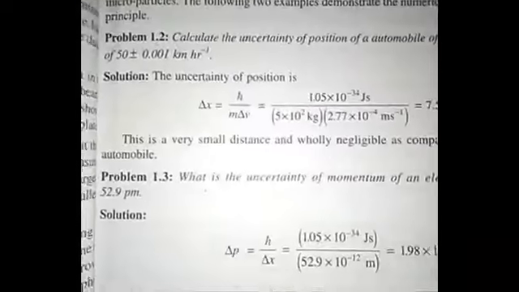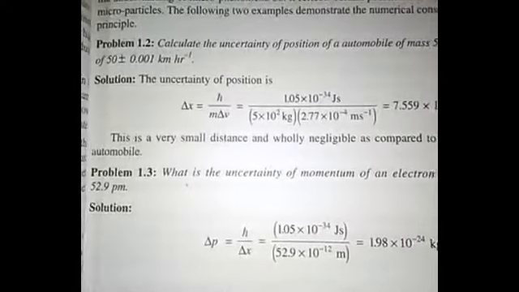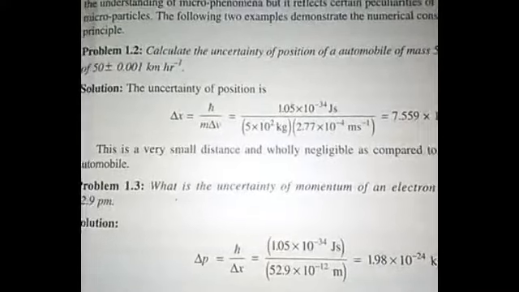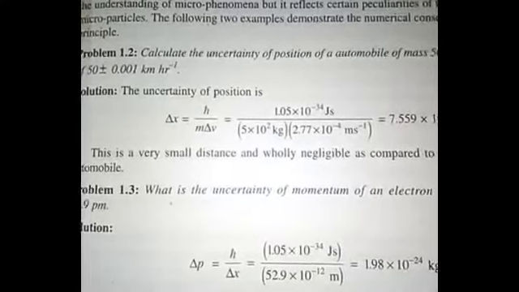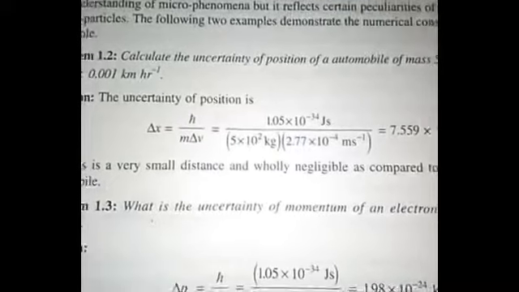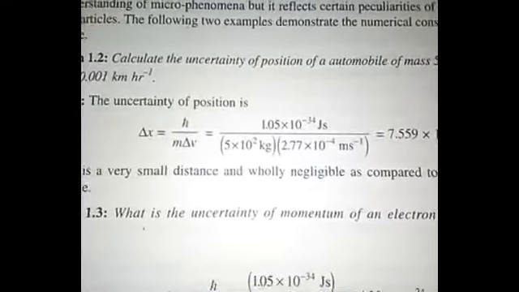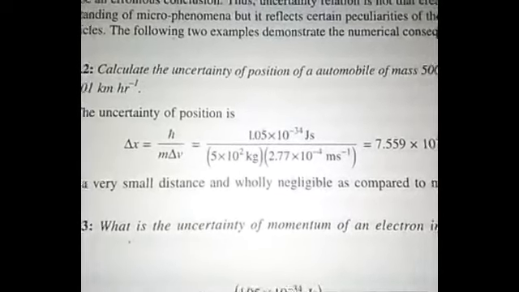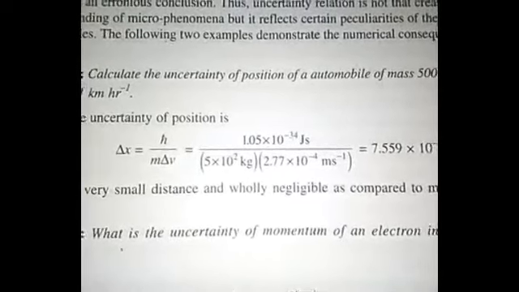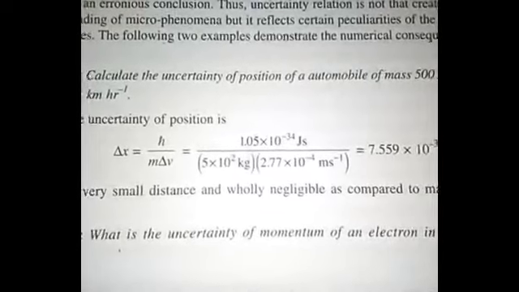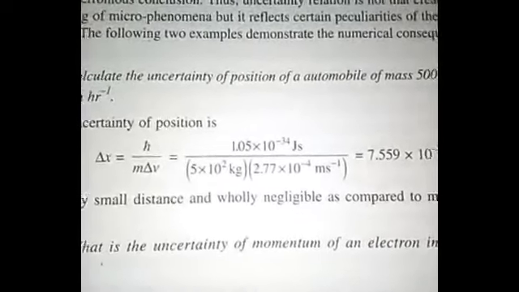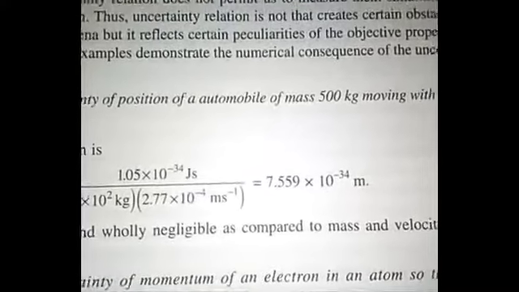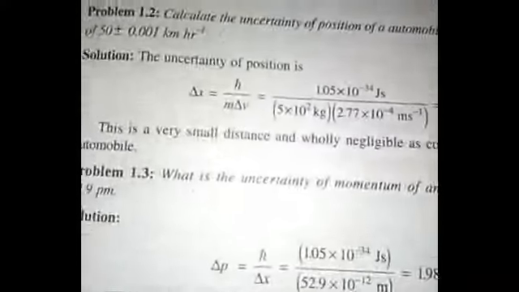Solution. The uncertainty of position is del x equal to h upon m del v, equal to 1.05 into 10 to the power minus 34 J s upon 5 into 10 to the power 2 kg times 2.77 into 10 to the power minus 4 meter per second, equal to 7.559 into 10 to the power minus 34 m.